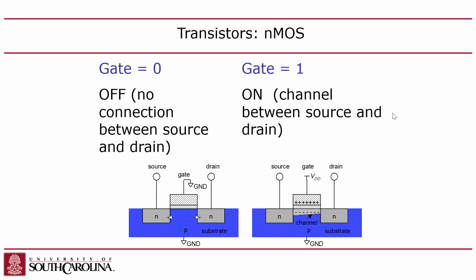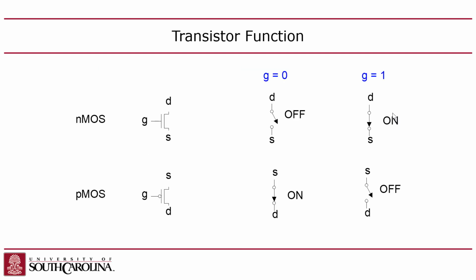You'll notice if you look at the cutaway view, the structure is symmetric. The transistor is symmetric. So if you call one the source and one the drain, it's up to you. That's a conventional thing, right? Okay. So if the gate is on, the transistor is on. If the gate is off, the transistor is off for NMOS, and then it's the reverse for PMOS, okay?